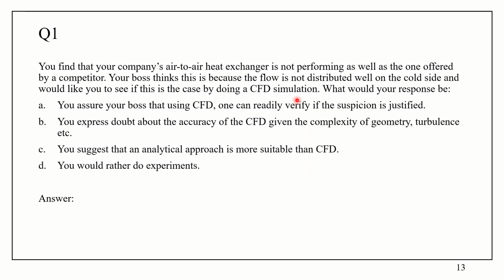First, you assure your boss that using CFD one can readily verify if the suspicion is justified. There is a suspicion, so it can be verified by using CFD, because it is a simple problem wherein you are asked to check the flow distribution in the cold side and check whether it is distributed well, because your company's air-to-air heat exchanger has just flows and temperature exchange.